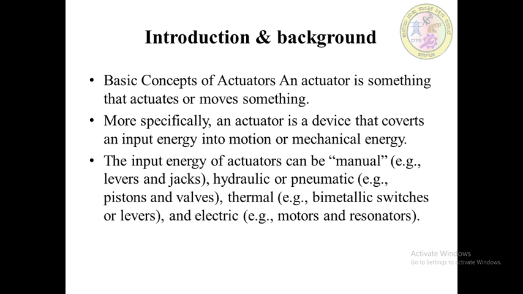Coming to pneumatic and hydraulic, pistons and valves are examples of hydraulic and pneumatic. Coming to thermal actuators, bimetallic switches and levers are examples of thermal actuators. Coming to electrical actuators, motors and resolvers are all examples of electrical actuators.